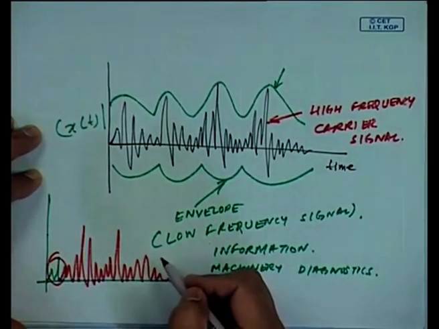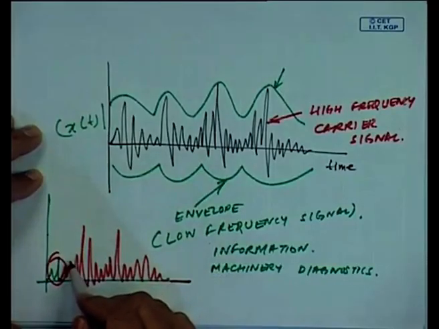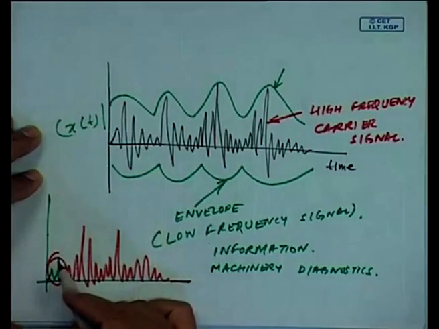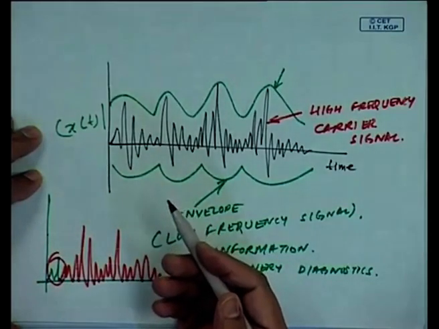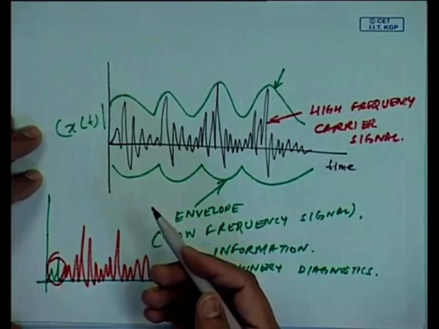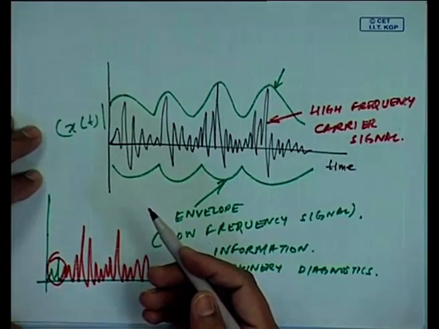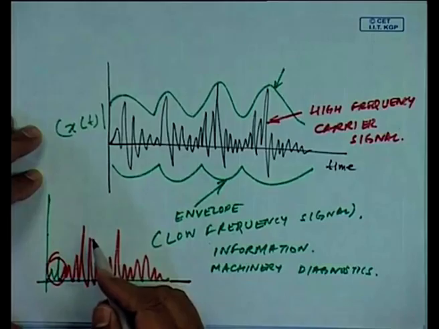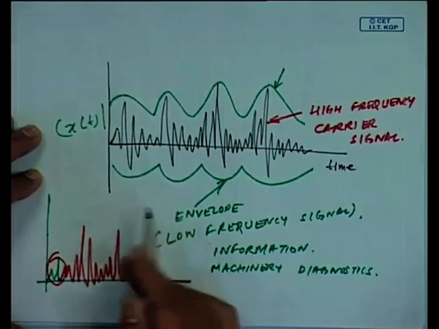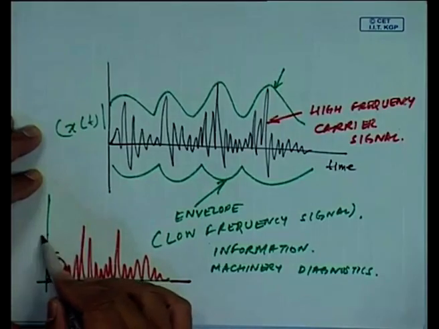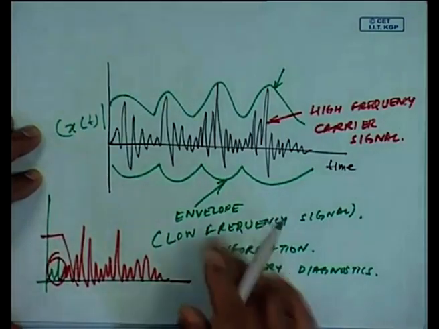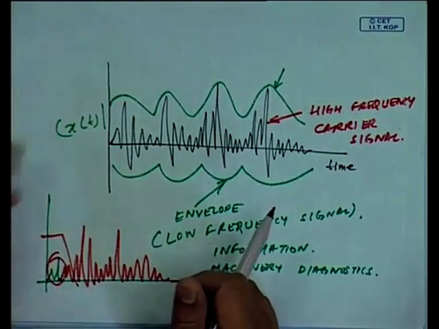Well, intuitively you can right away say, why don't we filter it? We will filter the high frequency signals, so that the low frequency green signals are available. That is fine, people do it that way, putting a low pass filter, wherein they will remove certain high frequency components and look into the low frequency signal.